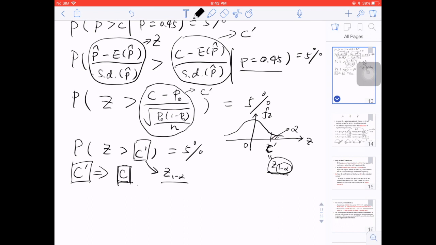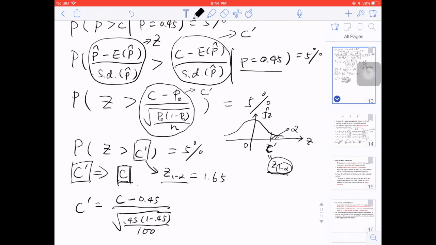If my alpha is equal to 5%, z 1 minus alpha, you can check the z table, is approximately 1.65. So my c prime is equal to c minus 0.45 divided by the square root of 0.45 times 1 minus 0.45 divided by 100, because the sample size is 100.